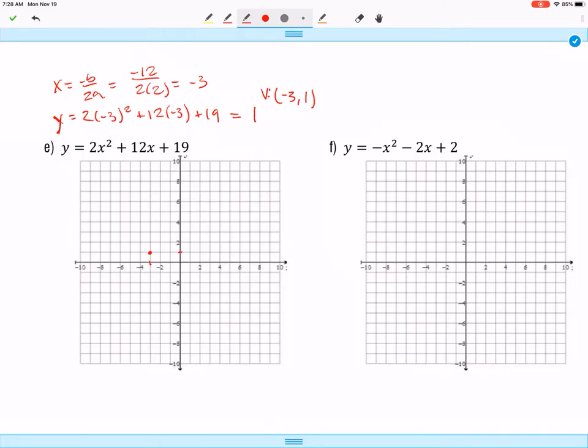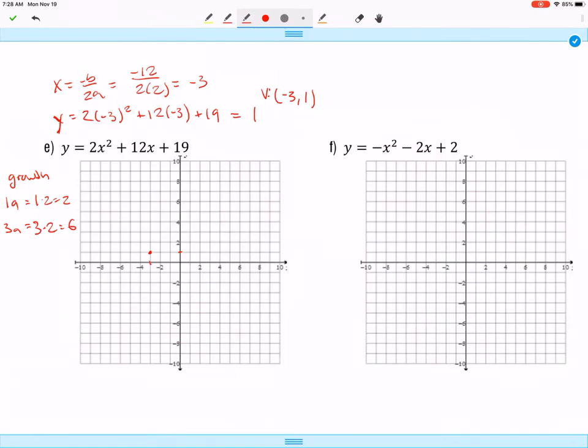After that, we do our growth pattern. So growth, we'll go 1a and 3a. 1 times a is 2, and 3 times 2 is 6.